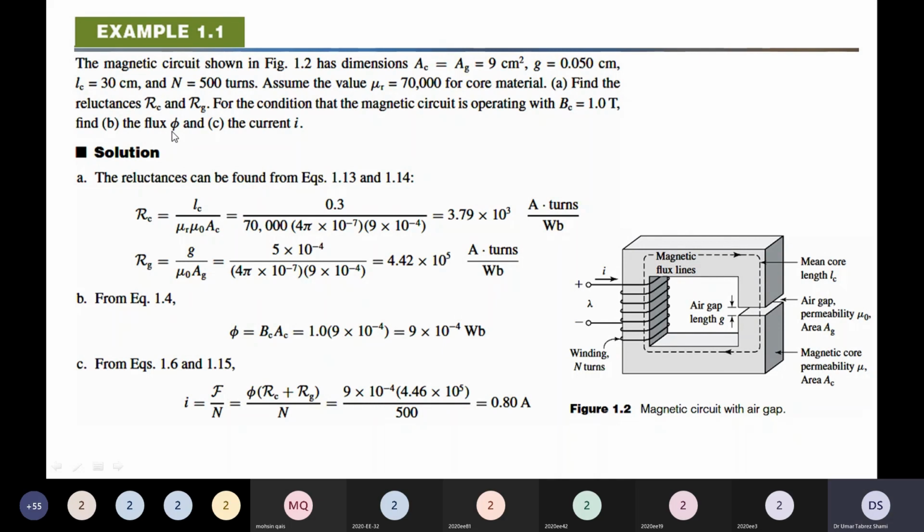Flux is equal to flux density multiplied by the cross-sectional area. So flux density is 1 Tesla and AC is the cross-sectional area. We multiply the cross-sectional area with the flux density, and we get 9 times 10 to the power minus 4 Weber.